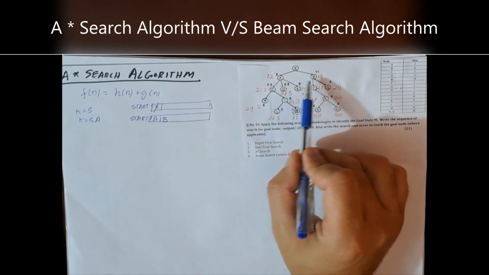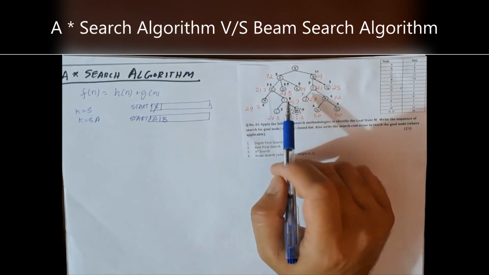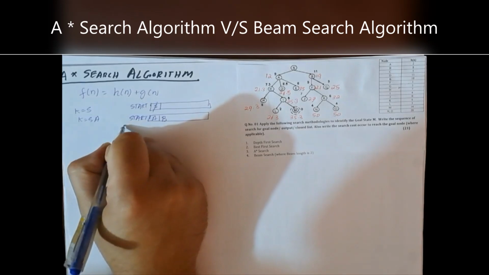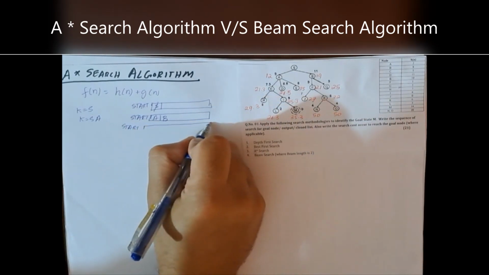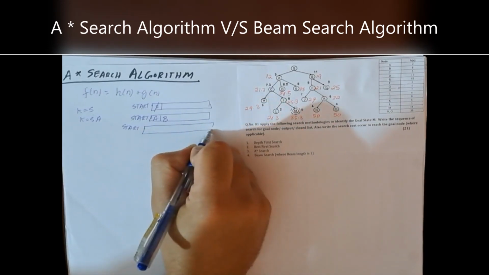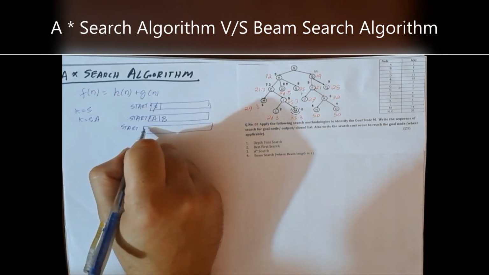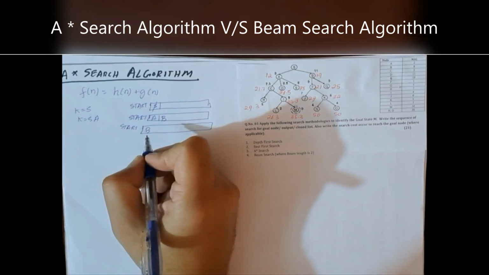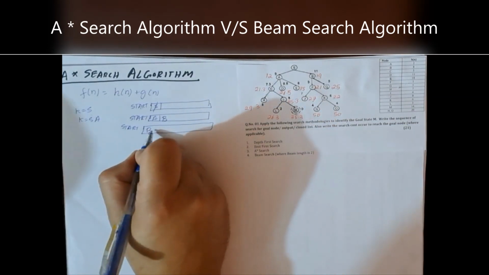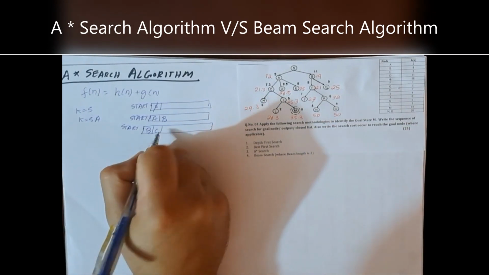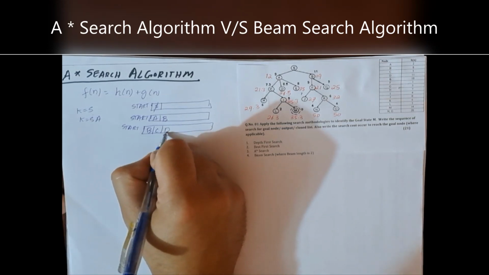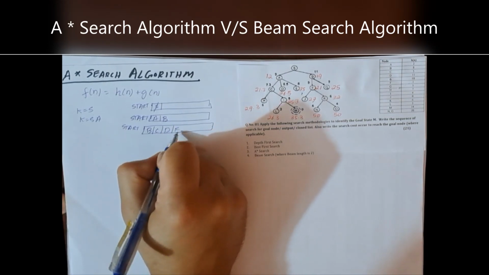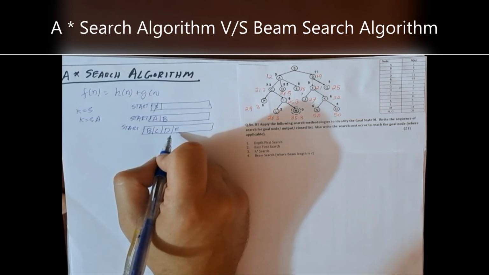But we see here that the value of b is less than them, so the new sequence in start will be firstly b, then we will have c, then d, and then e. So this is our sequence.